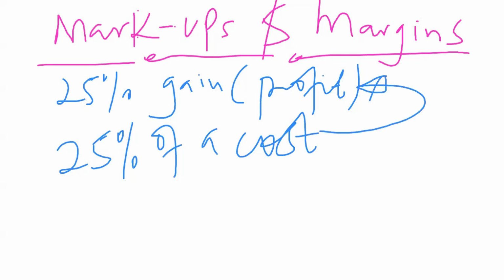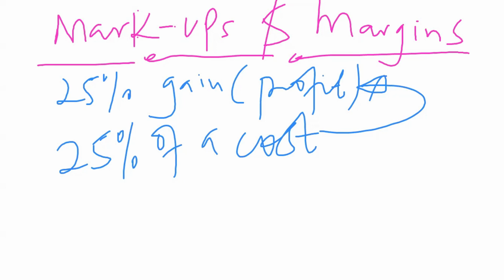It means the company has incurred a cost to produce a product, but on that product the company wants 25% profit. So what that means is that the company needs 25% of the cost it has incurred. In other words, we get the 25% of the cost so that we can get the profit component.